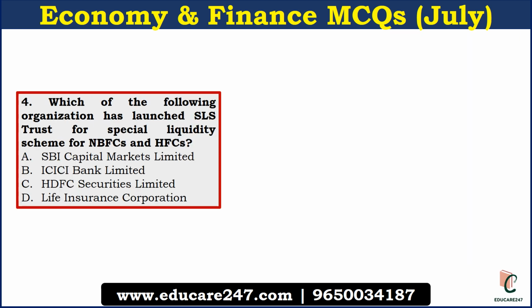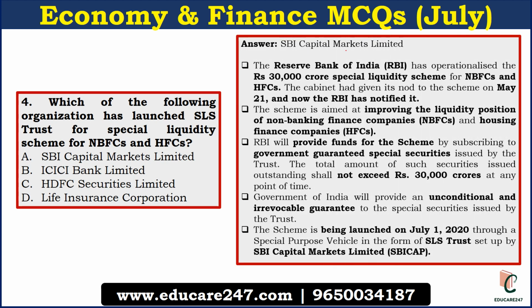The next question is, which of the following organization has launched SLS Trust for a special liquidity scheme for NBFCs and HFCs? The answer is SBI Capital Markets Limited. Recently, Reserve Bank of India has operationalized rupees 30,000 crore special liquidity scheme for NBFCs and HFCs. Union Cabinet has approved this scheme in May 21st, but now RBI has notified this scheme.